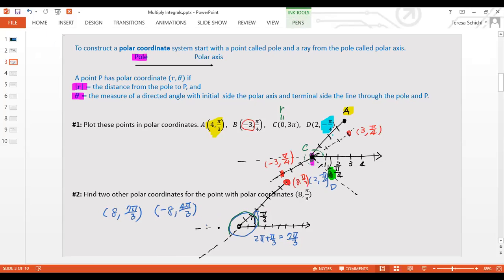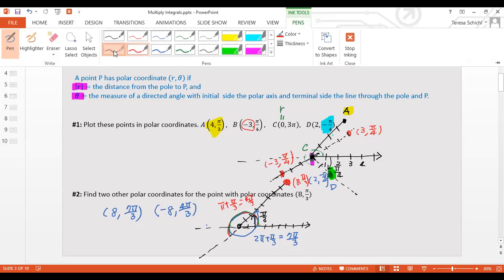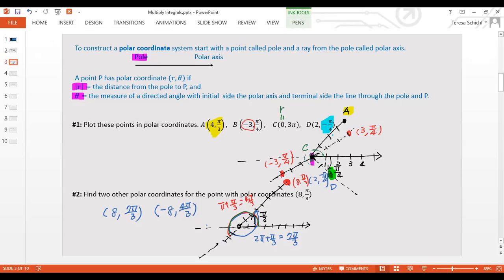If I use the color coding, here is the pi, you turn, then you add another pi over 3. So this is 4 pi over 3. Then the 8 will be here, 1, 2, 3, 4, 5, 6, 7, 8. So this one here will be (8, 4 pi over 3).